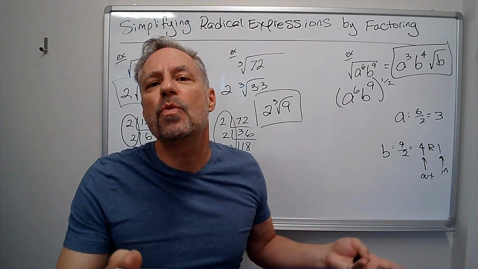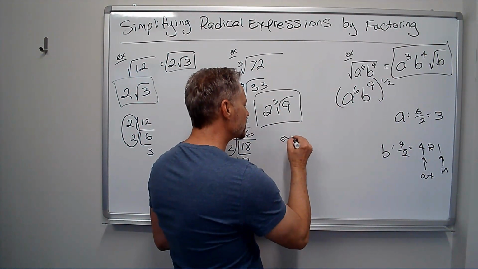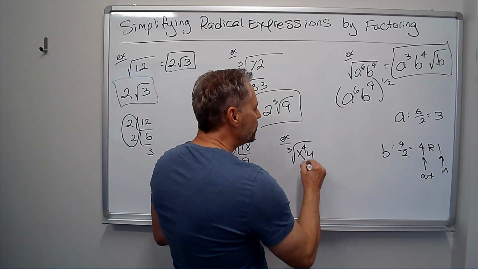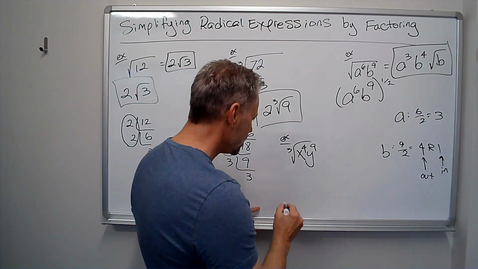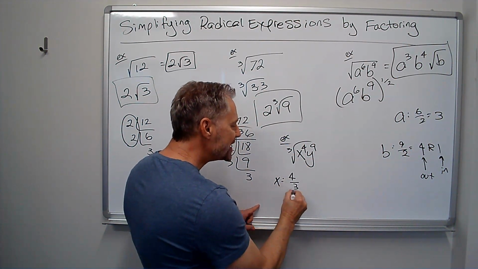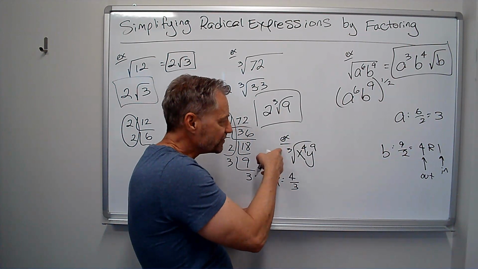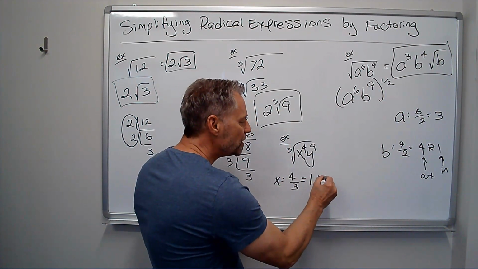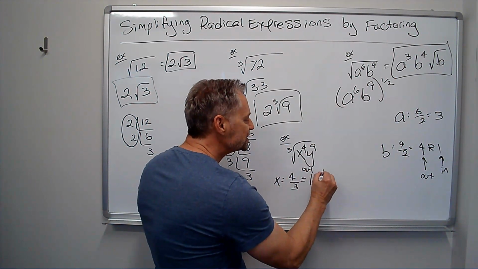Let's do one more example real quick just to show you how it works. So say I've got the third root of x to the fourth, y to the ninth. Well, for my x's, I'm going to say, oh, 4 divided by 3, right? 3 goes into 4 once with a remainder of 1. So 1 comes out, 1 stays in.